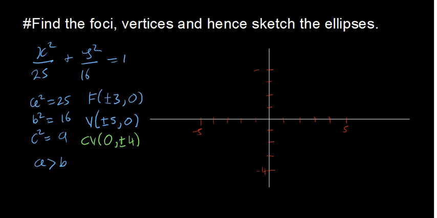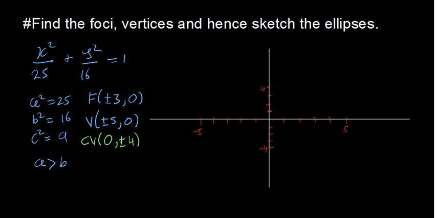Okay, negative 4. Maybe that has gone too far. I don't want it to look like a circle. So let me try to reduce the units. Okay, maybe something like that. That's a bit better. So that'd be negative 4 and positive 4 there.